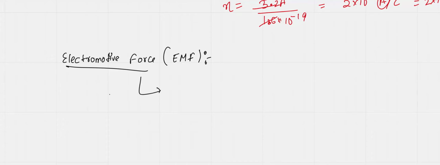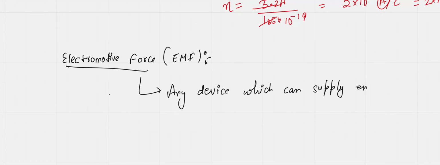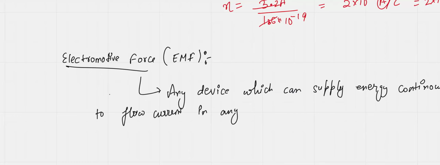Basically, we have to think about any device which can supply energy continuously to flow current in any electrical circuit.